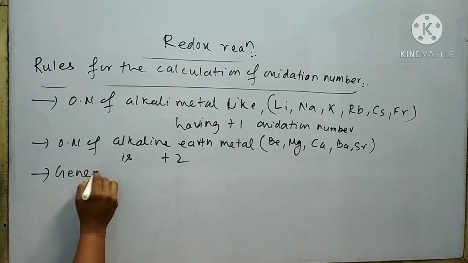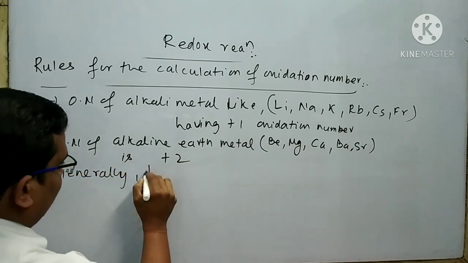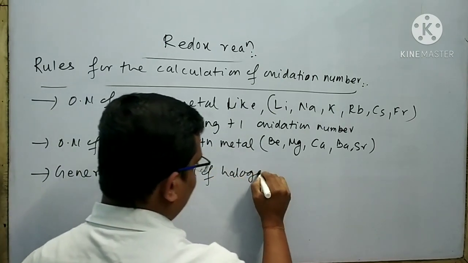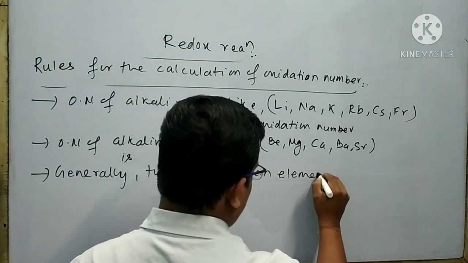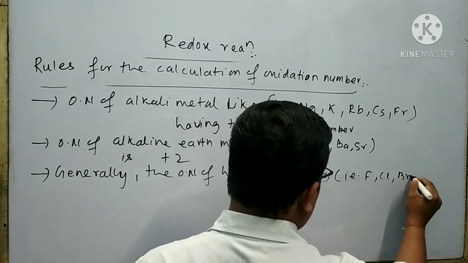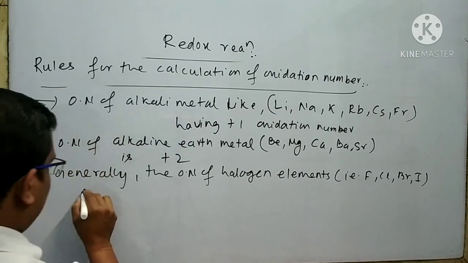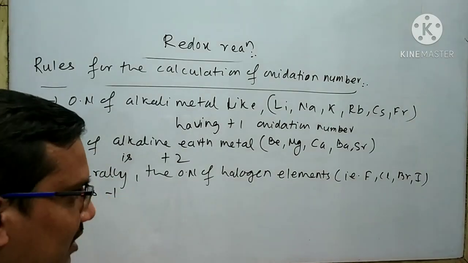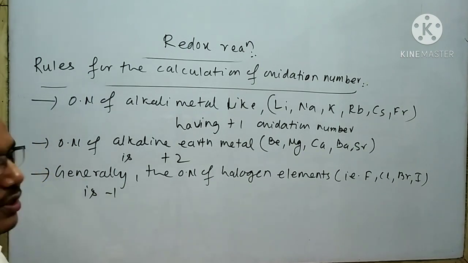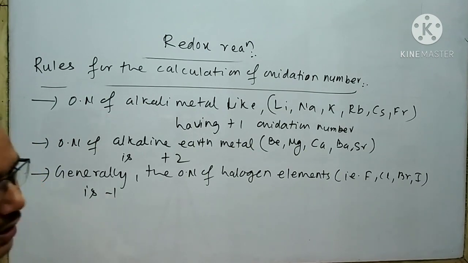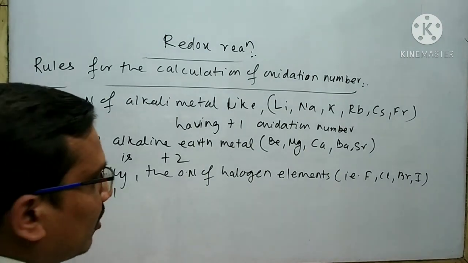Generally, the oxidation number of halogen elements, that is fluorine, chlorine, bromine, iodine, is -1. But in some cases the oxidation number of a halogen atom may change. But remember, fluorine always has -1 oxidation number.